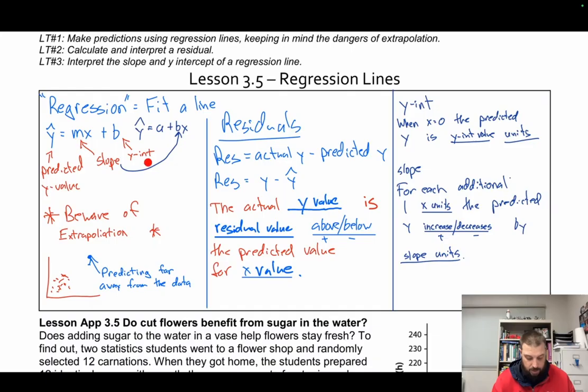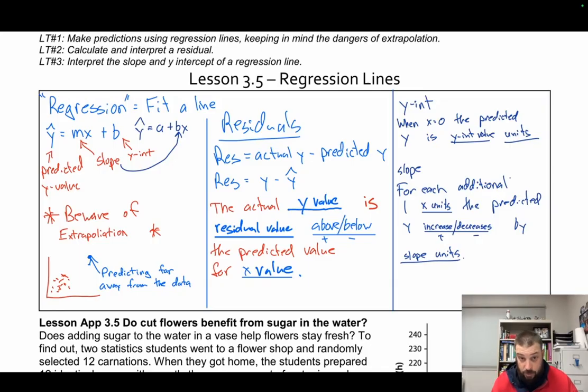That's our m, and then our a and b, they kind of flip those things. Once it's all written out, it doesn't matter the a, b, mx. Just remember your slope is always next to your x. All right. Big thing is beware of extrapolation. Looking at data that is really far away and trying to predict, we want to avoid extrapolation.